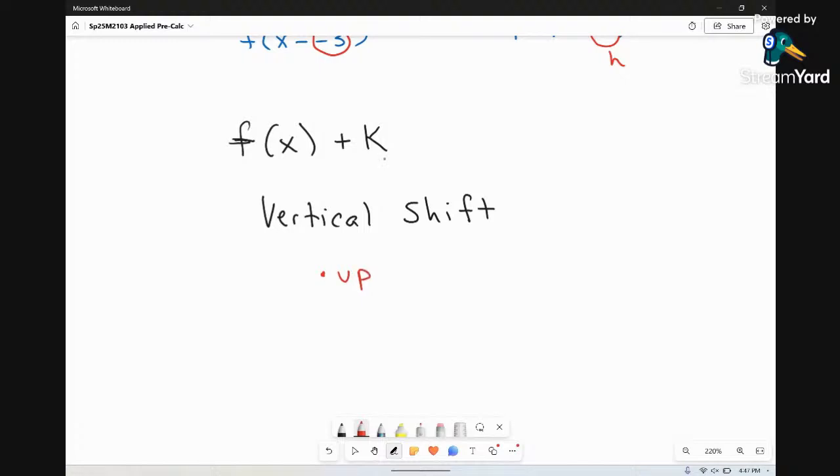Up if k is greater than 0, down if k is less than 0.